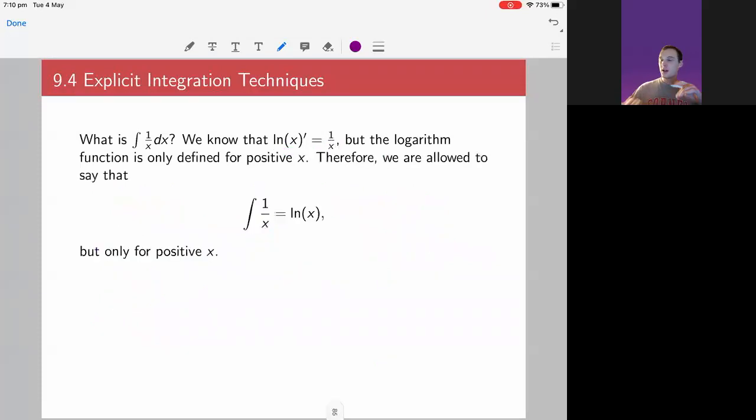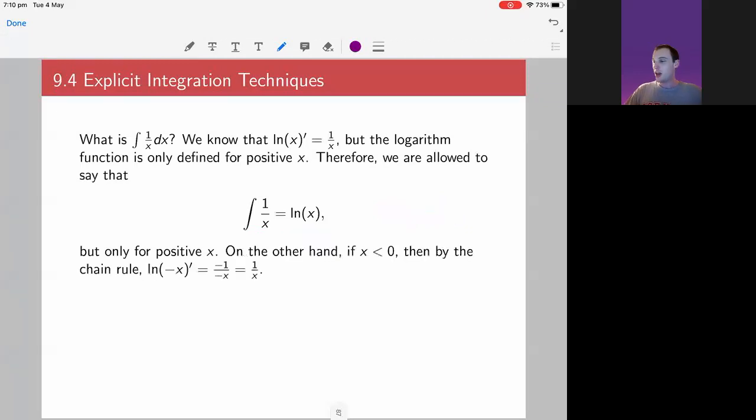Well, let's start with what we know. We know that the integral of 1 on x is equal to the natural logarithm of x for positive x. In order to flip the sign, we're going to use the chain rule again. If x is less than 0, then we can talk about the natural logarithm of minus x, because now minus x is positive.